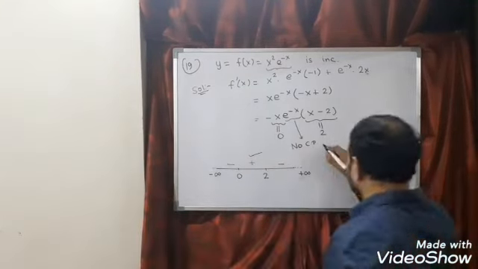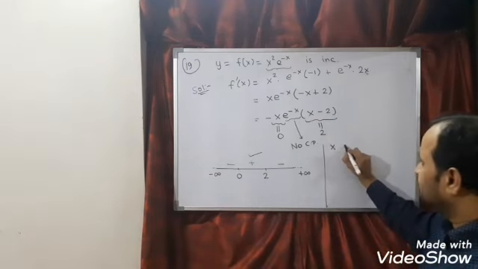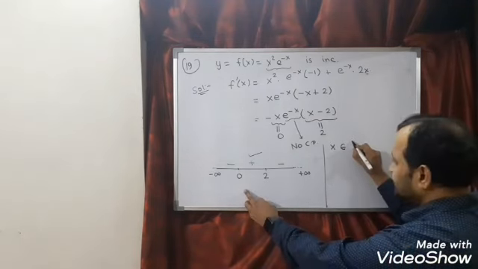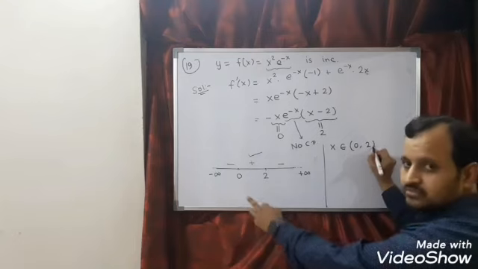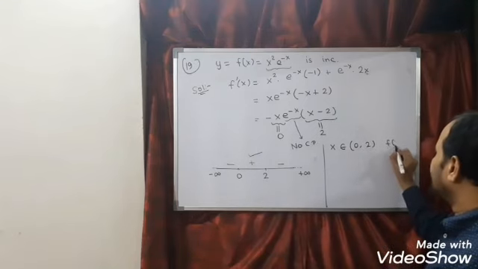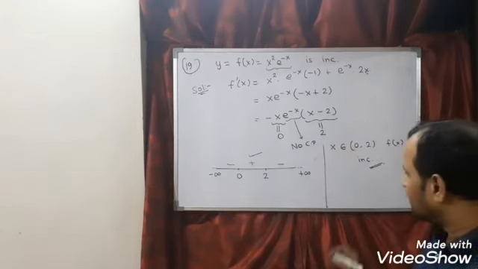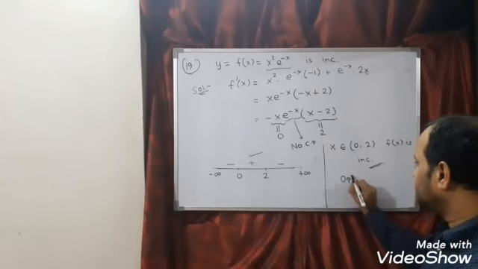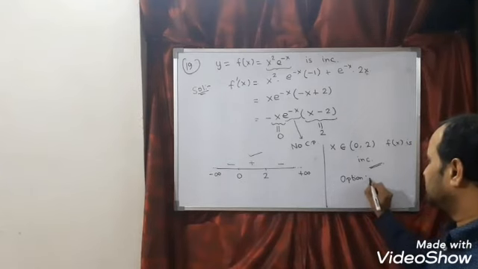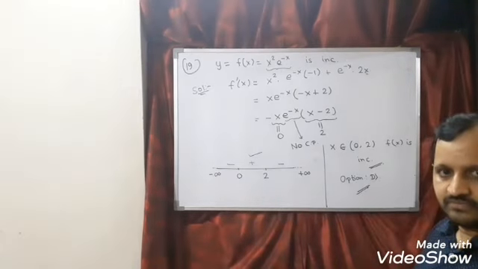So answer of this question is x belongs to 0 to 2, f of x is increasing, and I can say option D is the answer. Option D is the answer. I think it is clear.